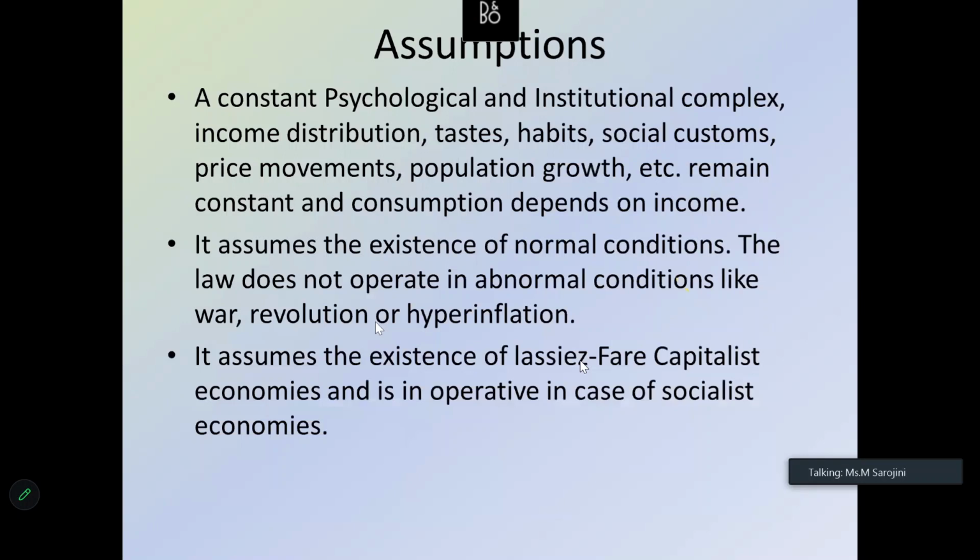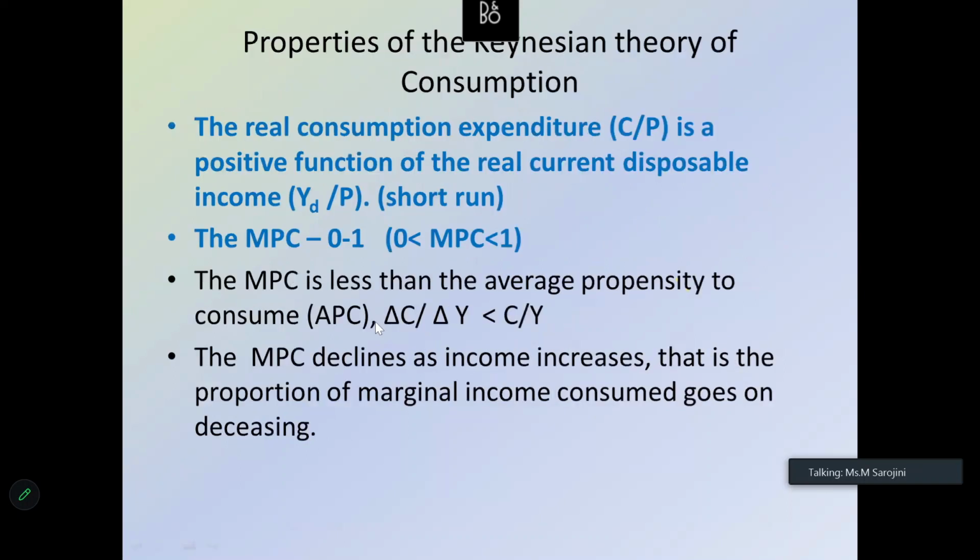We proved it. For one set, it is 0.8. For the other set, 0.6. That is, the proportion of marginal income consumed goes on decreasing.